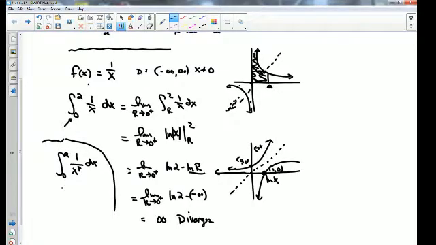Anything with p greater than or equal to 1 is going to diverge. So if it's x to the first, x to the second, x to the third, any of those, this diverges. And it's a theorem. So you can actually state that based on the theorem.